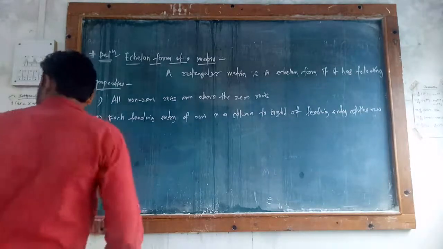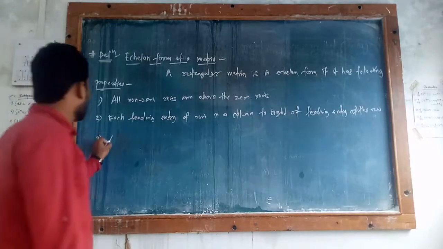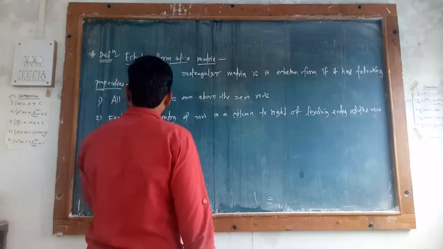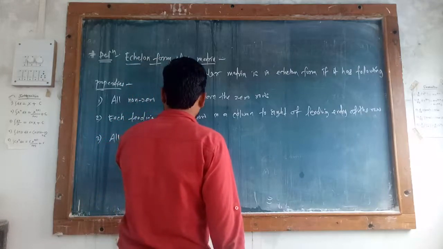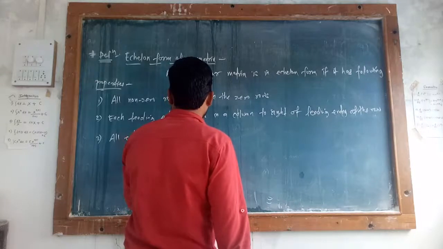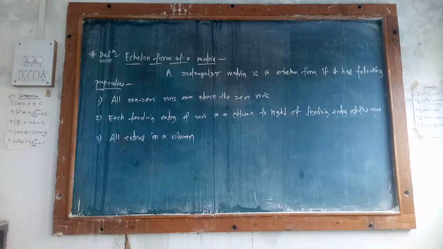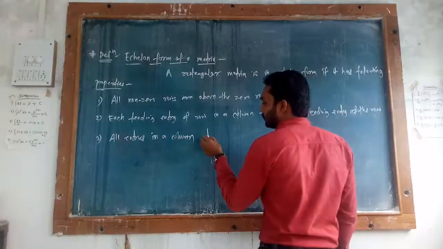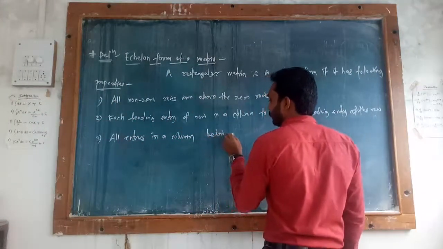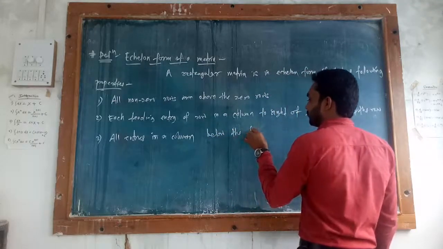Third property is all entries in a column below the leading entry are zero.